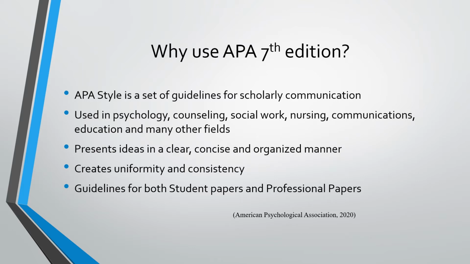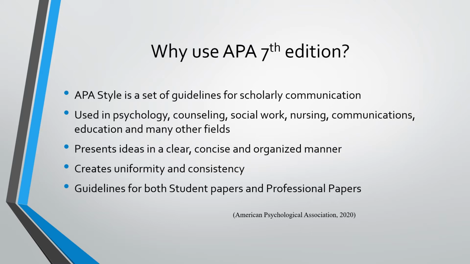So why do we need to use APA style writing? The main reason is that it offers consistency and uniformity throughout many fields, including counseling, social work, psychology, nursing, communications, education, and other social sciences. These fields are advanced through the sharing of research, information, and ideas within and across disciplines.